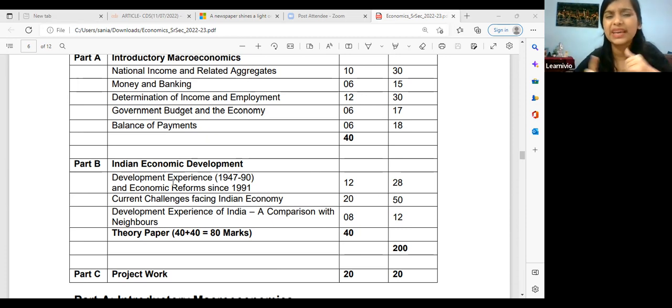At that moment, the agriculture sector, the industrial sector, everything was in such a poor condition. Slowly, the economic reforms came. India adopted policies and reforms, and slowly India started developing. So this is all we are going to study over here, and this unit contains 12 marks.